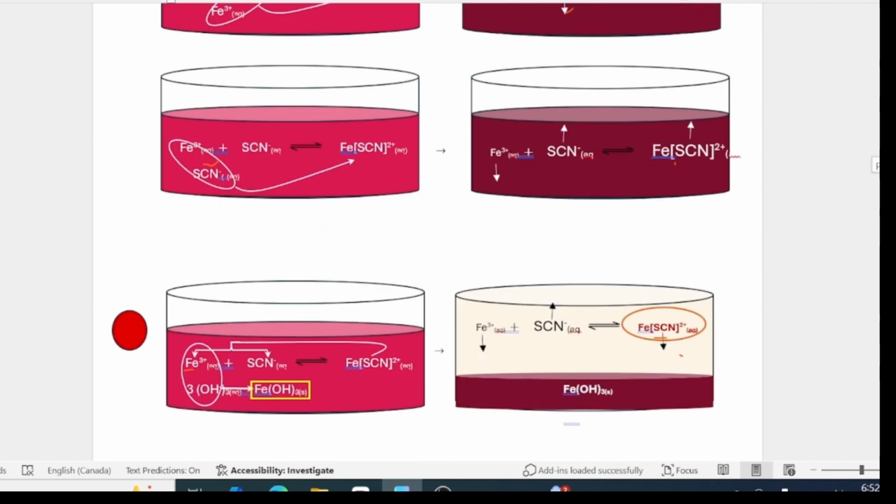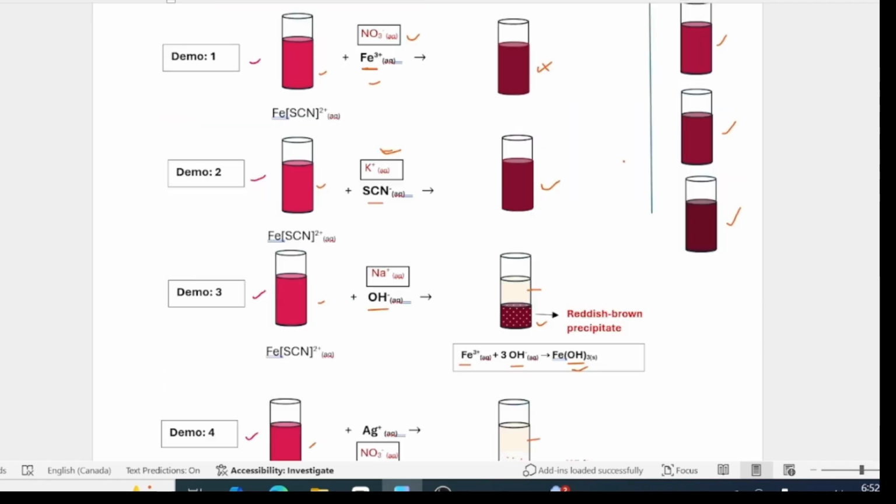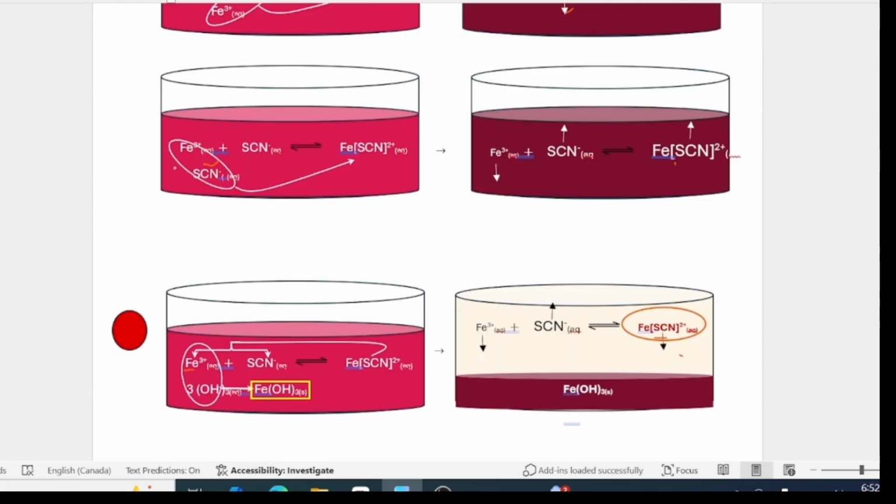In this second demo here, thiocyanate ions were added to the equilibrium mixture, as indicated in this figure here. And when that happened, like in the case of the addition of iron, the solution turned dark. Also, again when we added thiocyanate ions, we are increasing the concentration of a reactant.